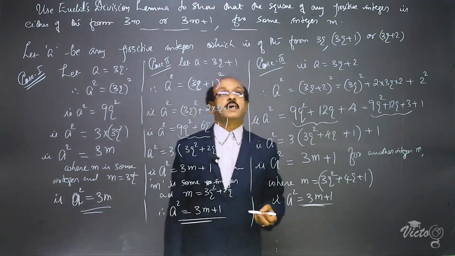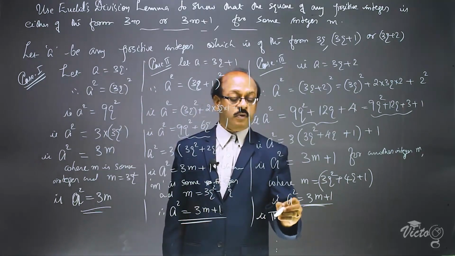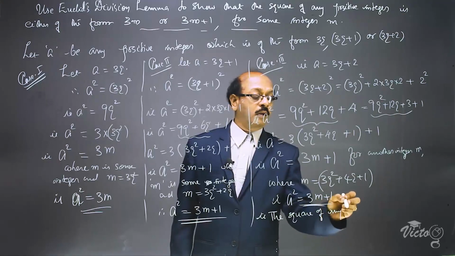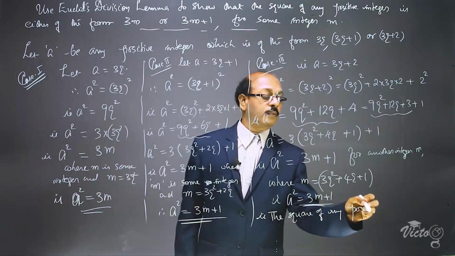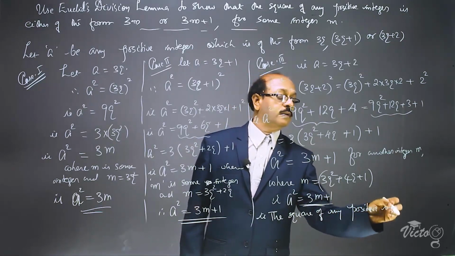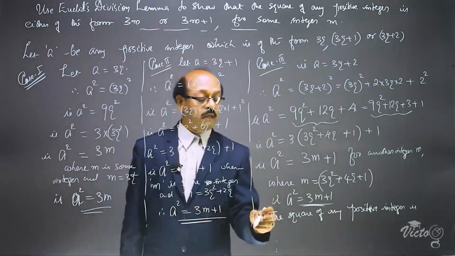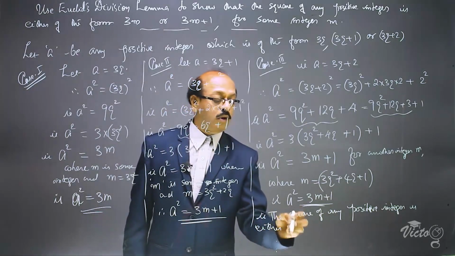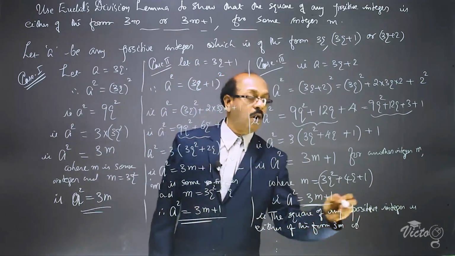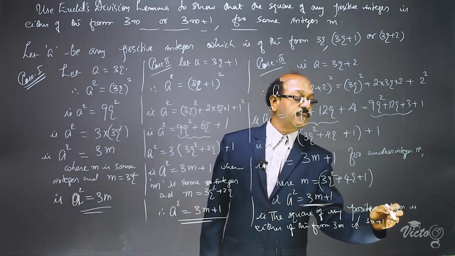We have proved that the square of any positive integer is either of the form 3m or 3m plus 1 for some integer m.